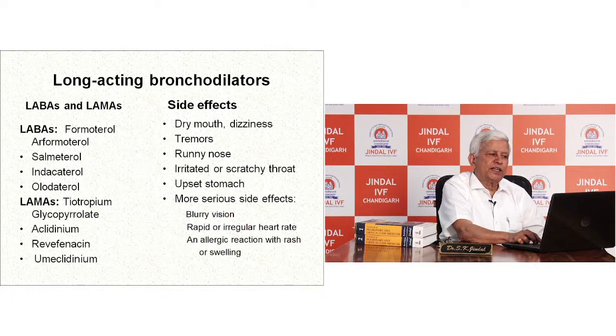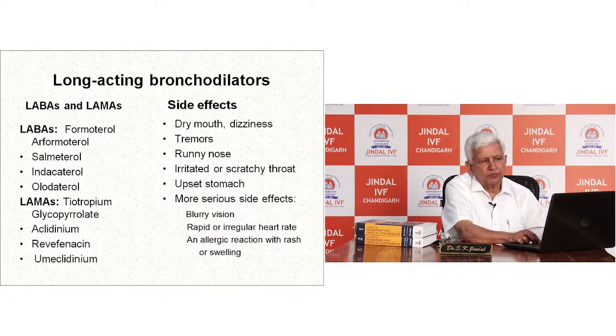Then we have long-acting bronchodilators like LABAs and LAMAs. Among LABAs, formoterol is most commonly used, then salmeterol, indacaterol, olodaterol, and so on. There are multiple LAMAs now. Tiotropium is the oldest and a good one, then glycopyrrolate, aclidinium, revefenacin, umeclidinium, and so on.